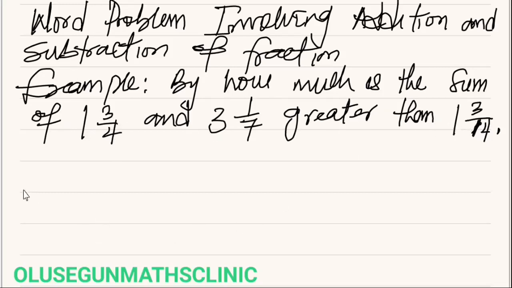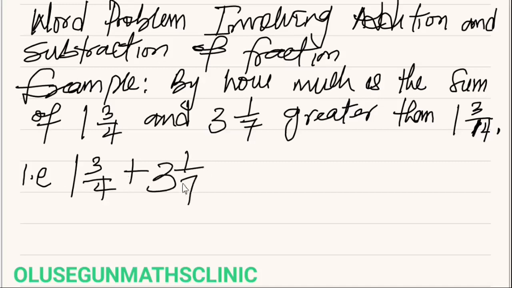So the meaning of this is that you just have 1 whole number 3/4 plus 3 whole number 1/7. By how much? When you add these two together, you are going to subtract 1 whole number 3/14 from it.